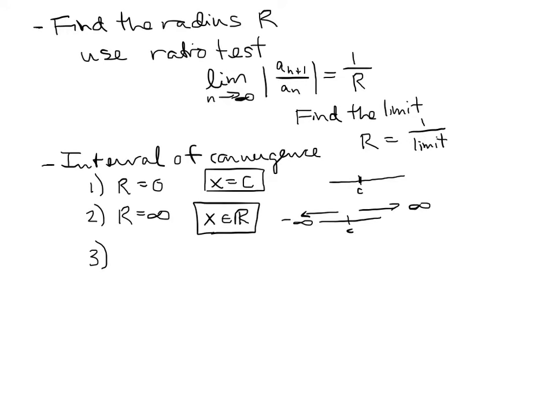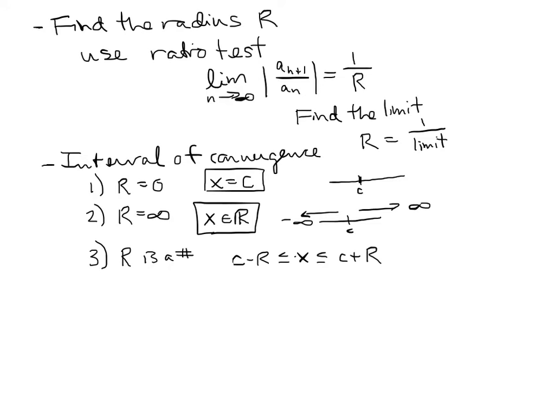The third thing is if you get r equal to some other number. So if r just is a number, then your interval would go from c minus r to, let me write it out like I did before, from c minus r to c plus r.